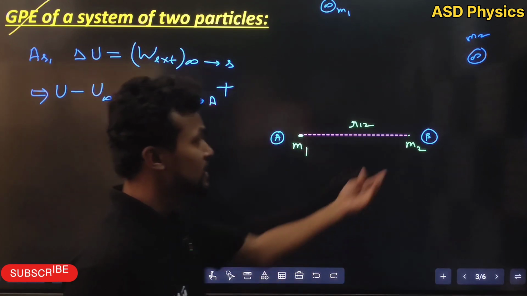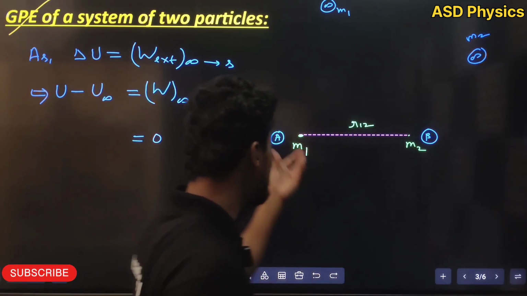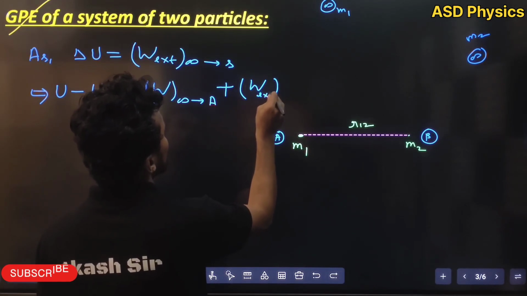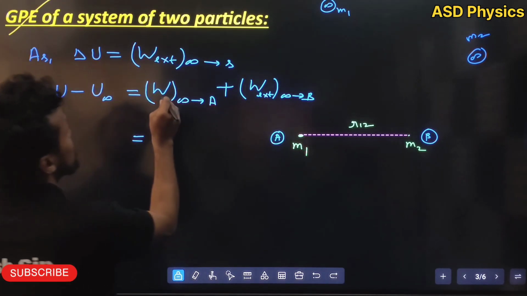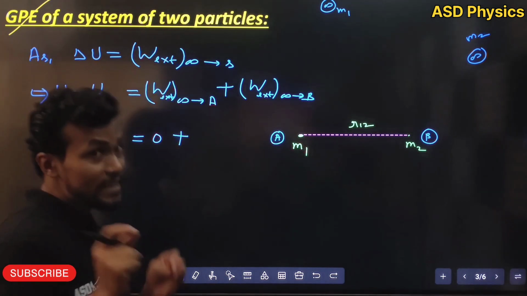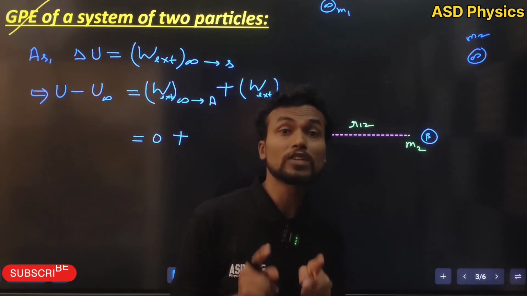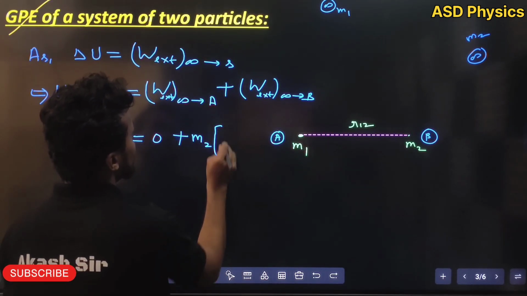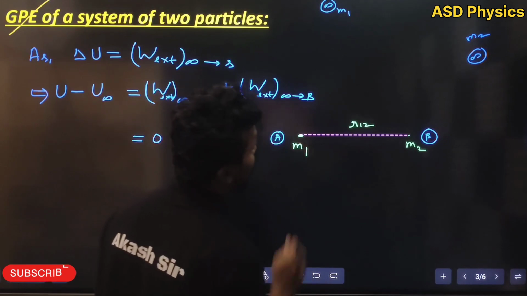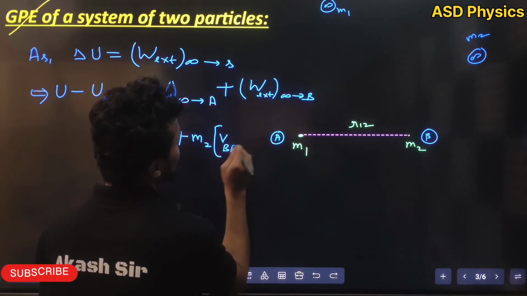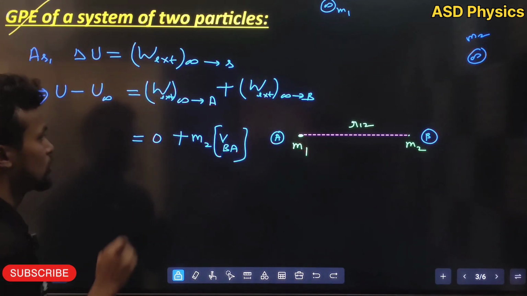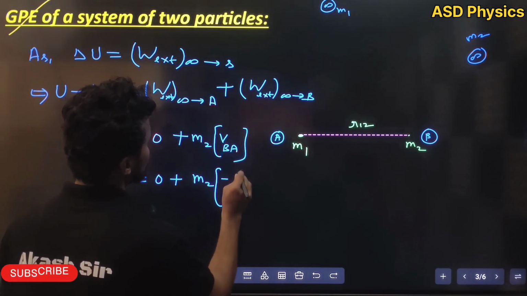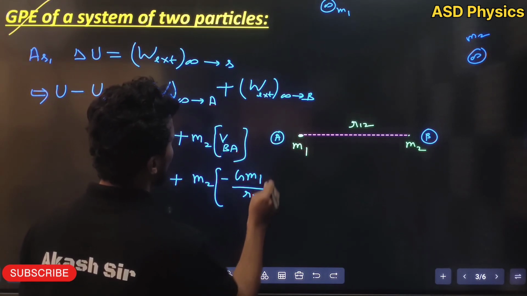After that, the second mass will enter the gravitational field of the first mass. So we can write the work done by the external force from infinity to point B. The second mass is entering the gravitational field of the first mass, so to calculate the work done we use mass and the potential difference concept: potential at point B due to A. So it is 0 plus M2 times minus G M1 by R12.